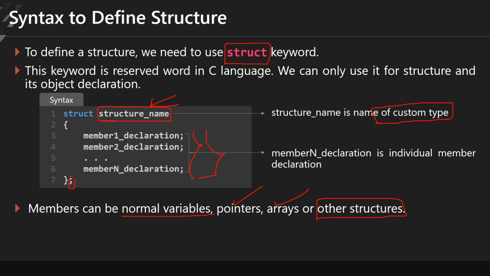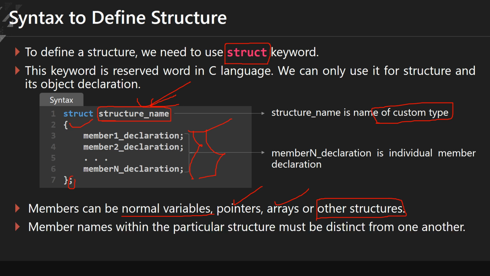So try to understand now. Syntax: struct is a keyword followed by the struct name, and then you open the curly brace. Then you declare variables, or pointers, arrays, any other structure variables. Then you close the curly brace and put a semicolon. Member names within a particular structure must be distinct from one another.